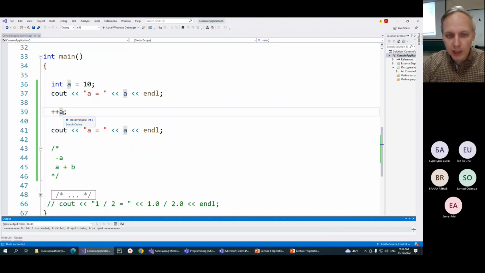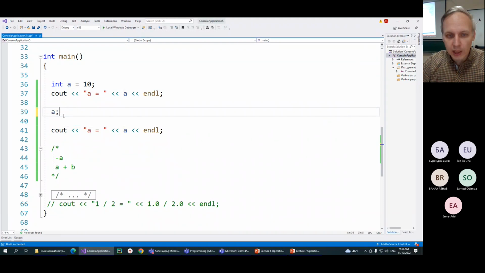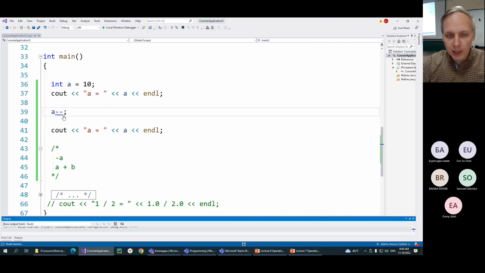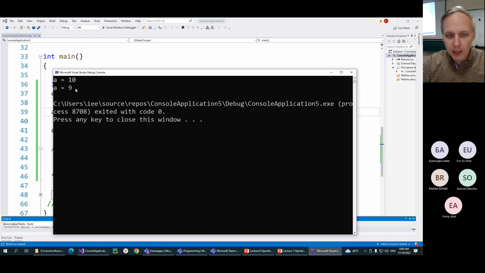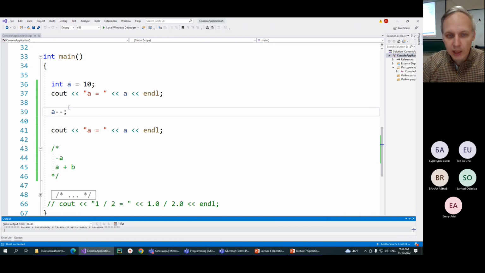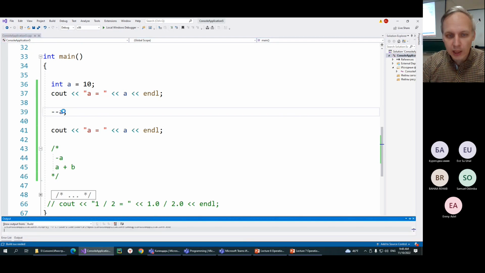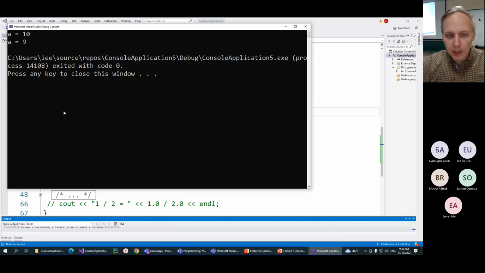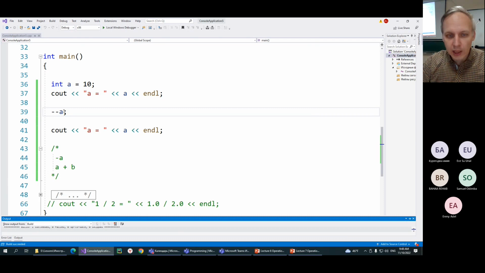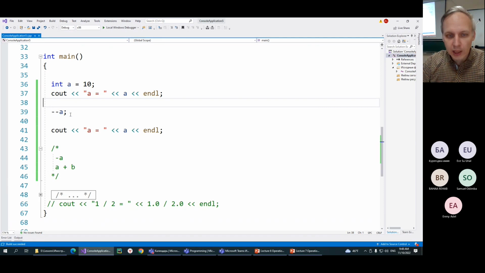And the same I can say for minus minus. Minus minus subtracts 1. In this case, we will have 10 and 9. And also I can write minus minus A, and I will see 10 and 9. But there is one feature of these operations.